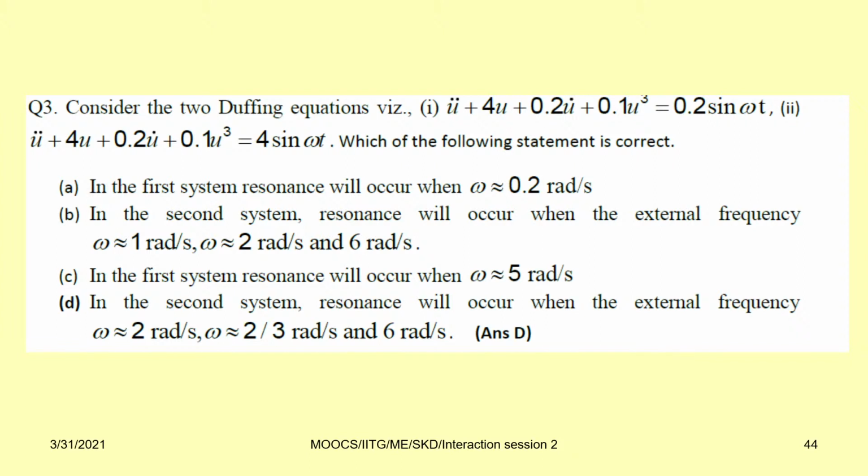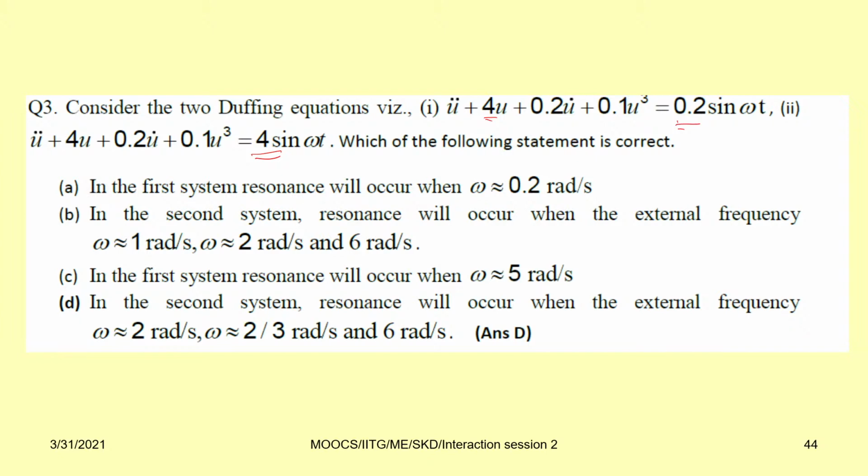As it is 4 sine omega t, this is strong forcing. In comparison to this 4, the other term is 0.2, so that is weak forcing. So you have weak forcing in case 1 and strong forcing in case 2.